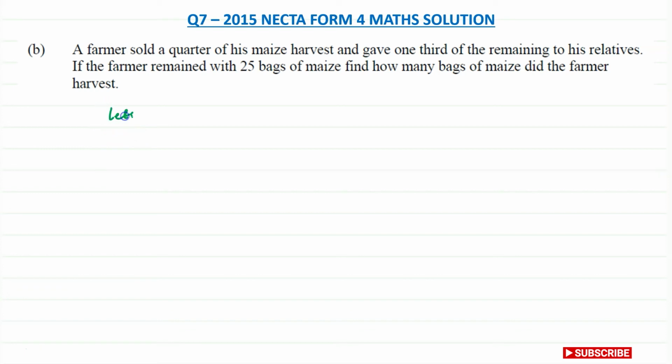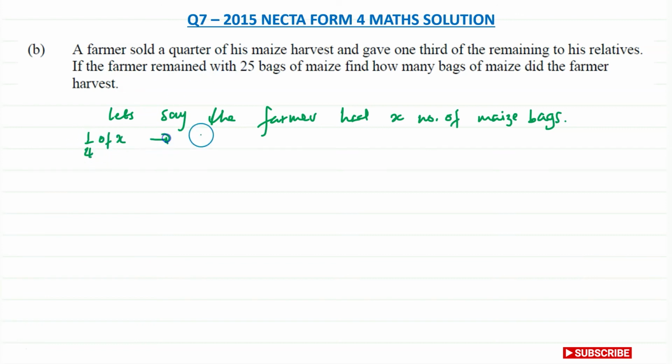So let's say the farmer had X number of maize bags. If he sold a quarter of his maize, so a quarter of X sold, how much has he got left? He's got 3/4 of X, so 3x over 4. This is what he's got left.